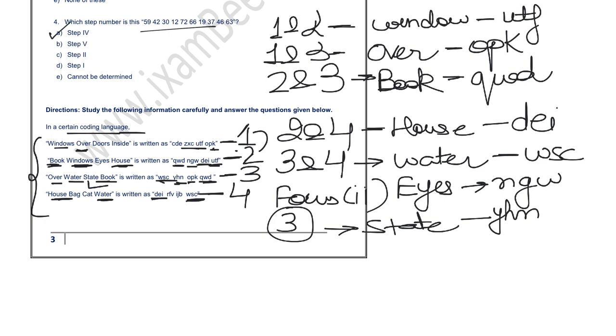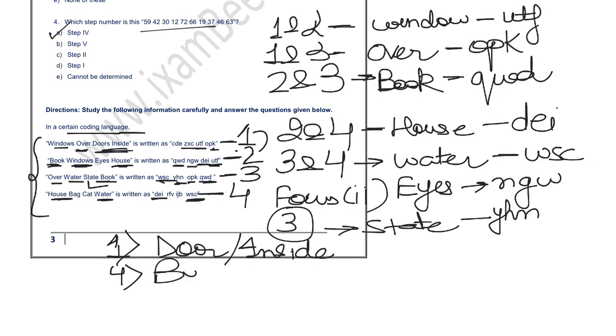Similarly, if you focus on first equation or fourth equation, two words are left as of now in your first equation. First one is your door and second one is your inside. And if you focus on your fourth, then bag and cat are left.